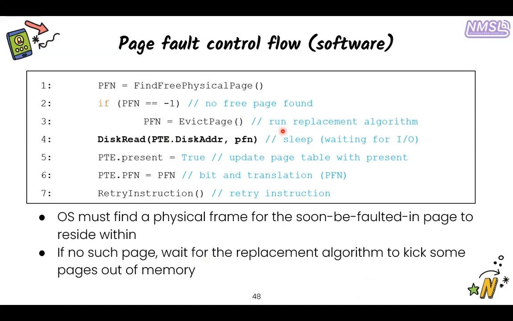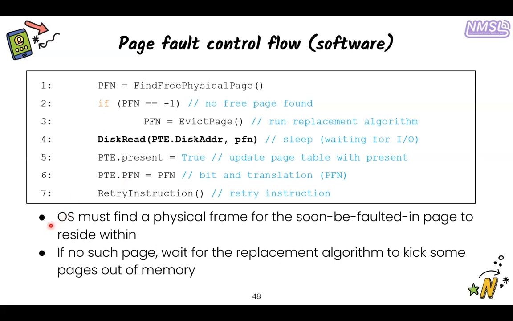Now, if you have a space, then you're going to read from the disk, and once you read it, you set present to true in the PTE, you put the frame number in, and then you retry. Now it's in the memory. So whatever instruction resulted in a page fault needs to retry, and that will obviously succeed.